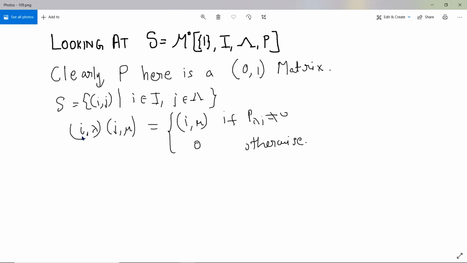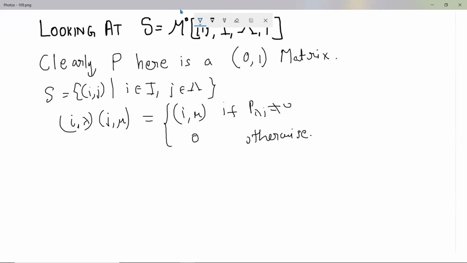So we know that (i, lambda) times (j, mu). In general, to be precise, if we were not to abuse the notation, we would have to write it like this.